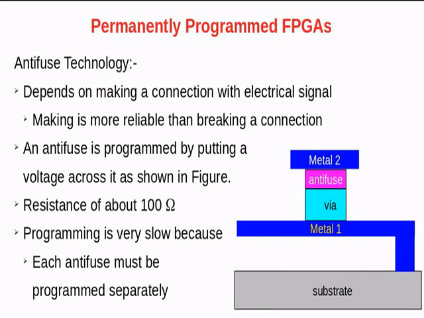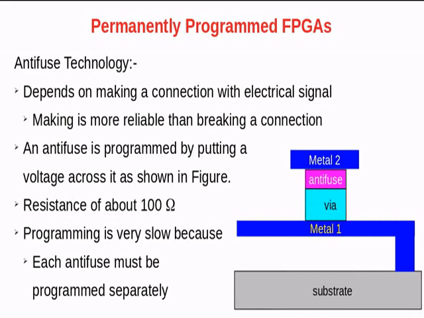Anti-fuse technology depends on making a connection with an electrical signal. Making is more reliable than breaking a connection because there are two, one is fuse and the other is anti-fuse. Making a connection means anti-fuse and breaking a connection means fuse technology. So making is more reliable than breaking a connection.